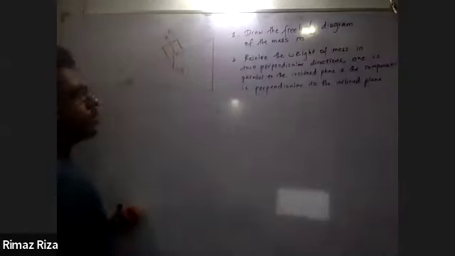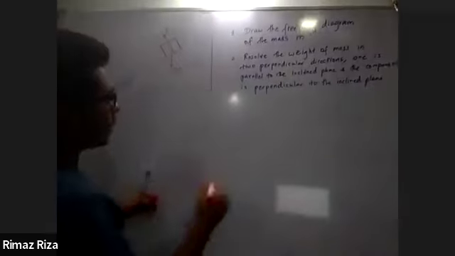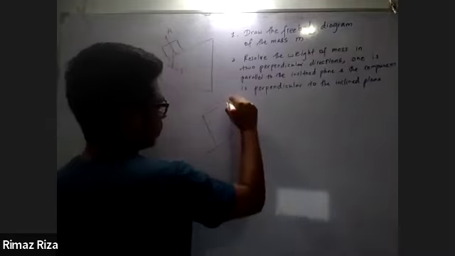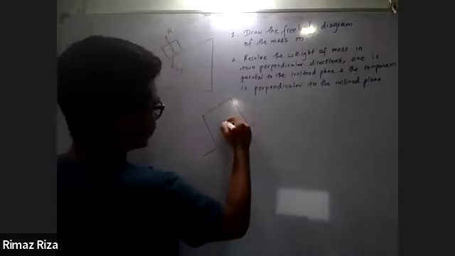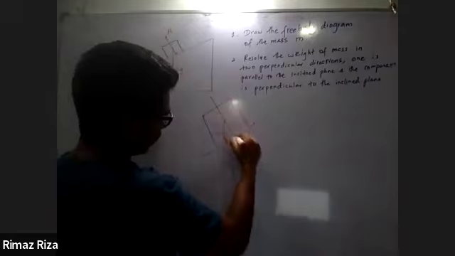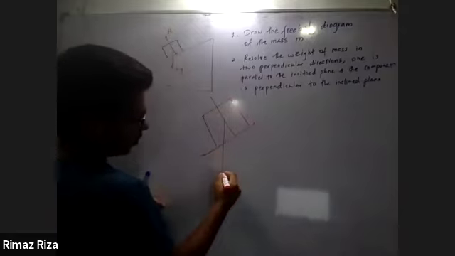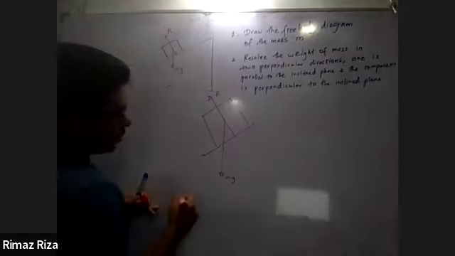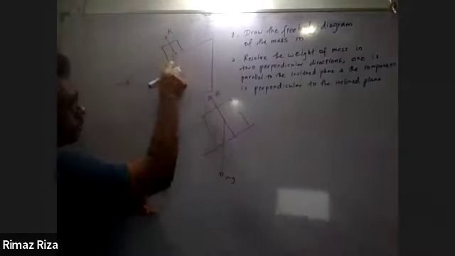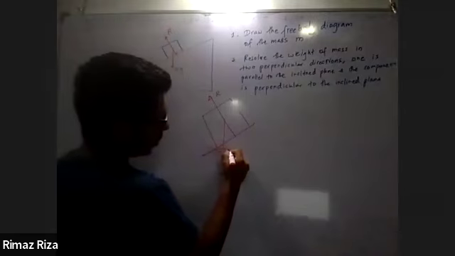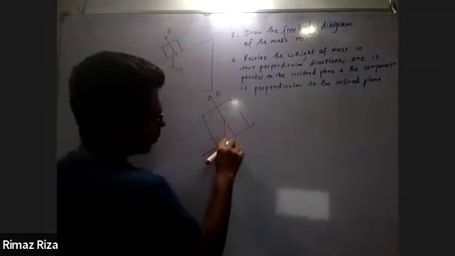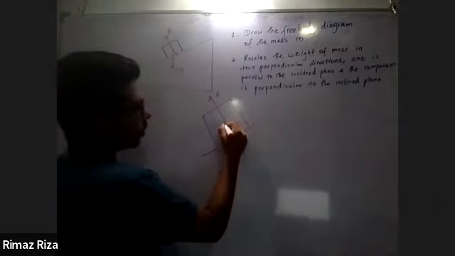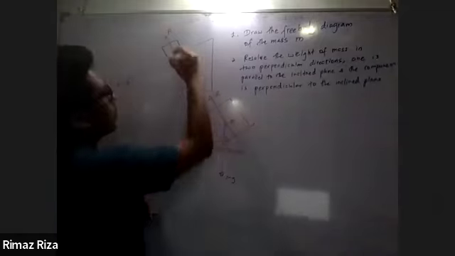I draw this part a little bit bigger here for the purpose of explanation. Here you can find mg, and here this is R. You can see this angle is 90 minus theta, so that this angle will be theta.